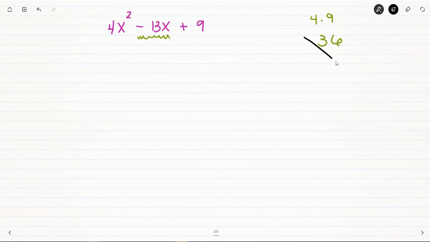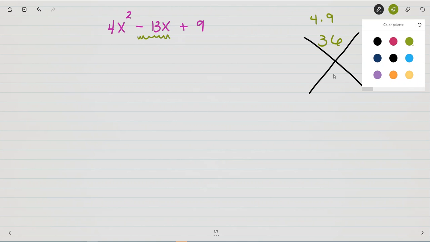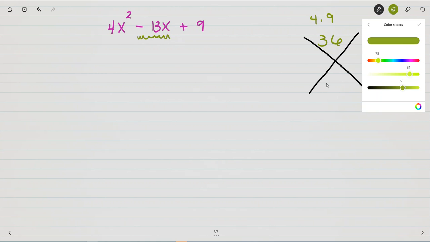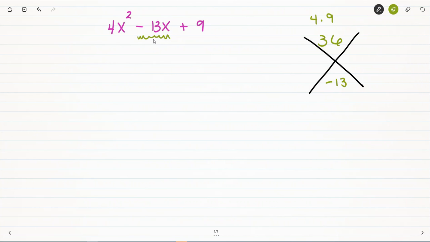We use the 4 times 9 to get the 36. We pull out the negative 13, the coefficient of the x term right here, right? So that's the first step.